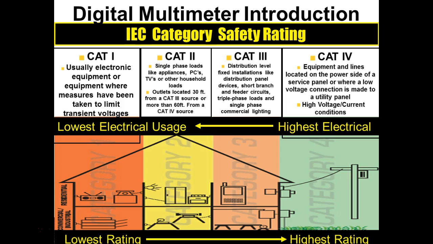Distribution, fixed installations like distribution panels and short branch circuits. Then Cat 4 would be on this side over here. So odds are we're not going to see many Cat 4 meters in electronics, right? If you went to work for some company like U.S. Steel or something like that, then you'd probably get at least a Cat 4 rating on some of your voltages. Does that make sense?